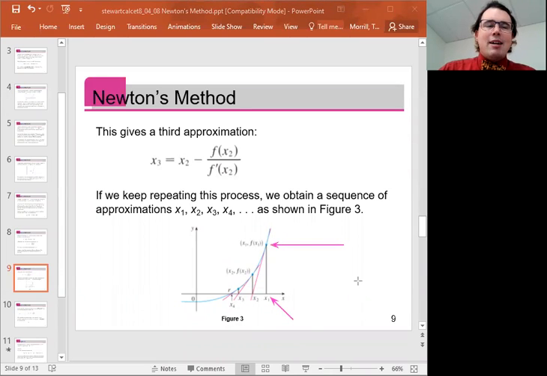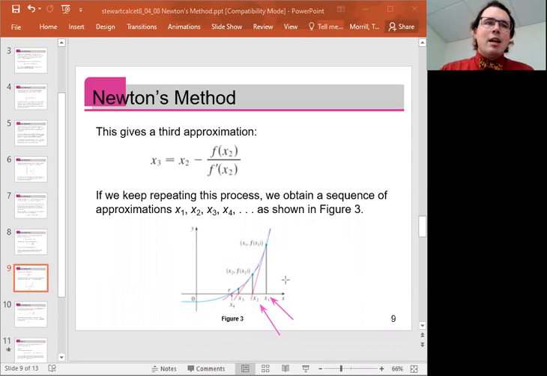I find where that function is, right? I find what my y coordinate is. That's just the function f applied to my guess. I find the derivative there. Using this information, using the derivative, I take my second guess to be x2.